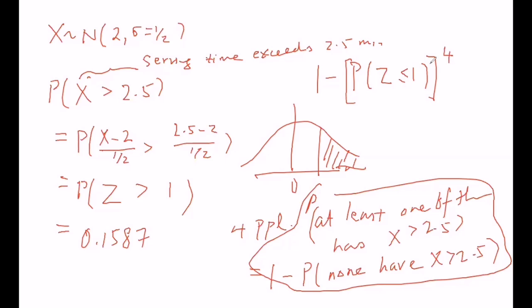P of z greater than 1 is serving time exceeding 2.5. So if none have this, it's the other way around. So this should be 0.8413. And since there are 4 people, they are all occurring independently, so we'll just multiply them together. So you should get something here.